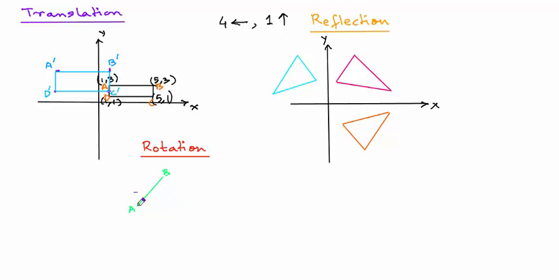So for a 90-degree clockwise rotation, this B comes down over here to B prime, such that this angle is 90 degrees or a right angle.